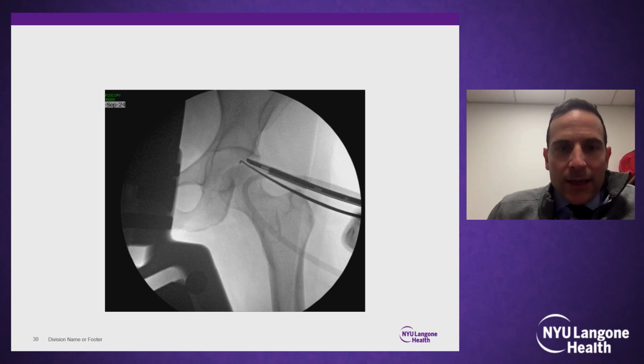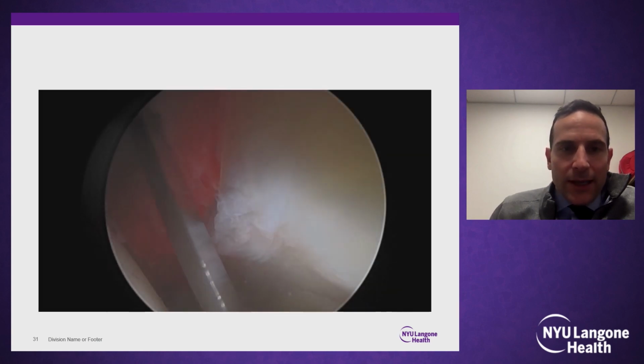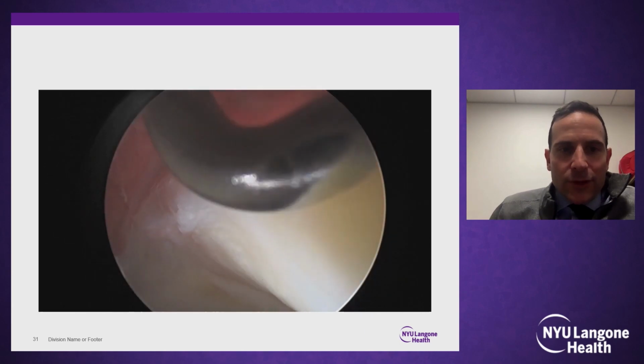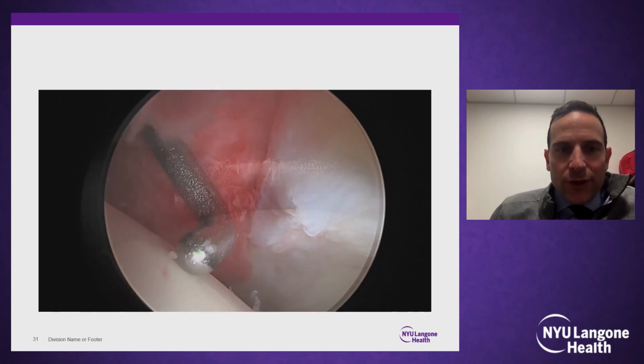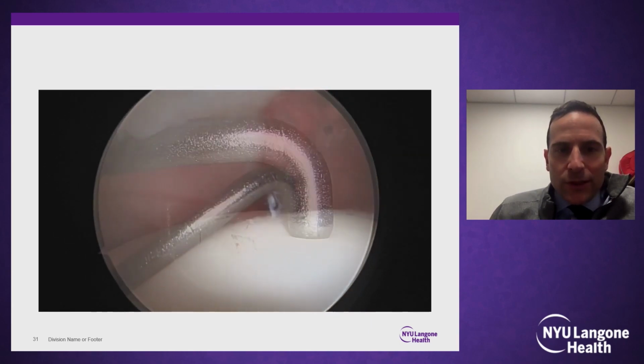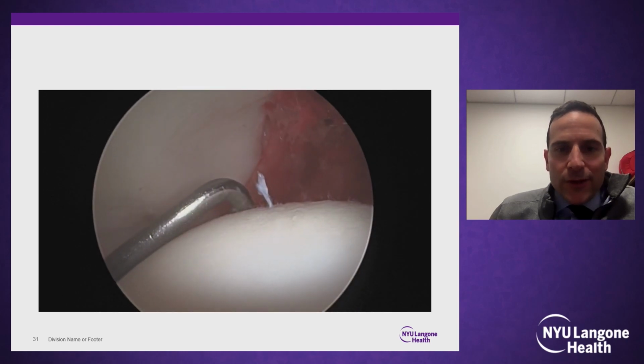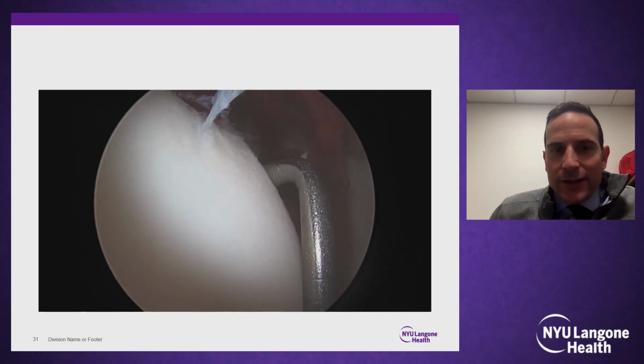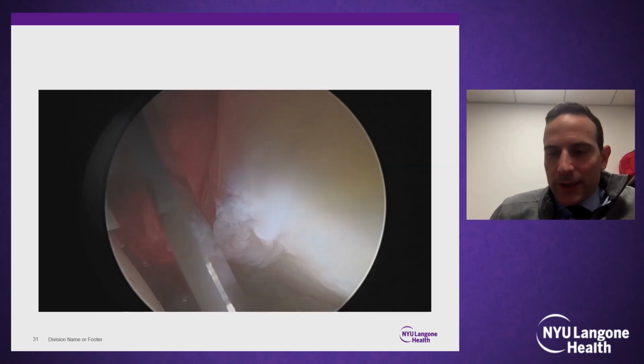So you can see, this is what's happening arthroscopically that we're capturing fluoroscopically. The probe is identifying the lesion, and this is how it looks inside the joint. You can see no real additional labral pathology. The hip doesn't look too bad at all. But as you get closer to that lesion, you can really see that softening. And so you can see exactly where it is and where you need to position the probe.